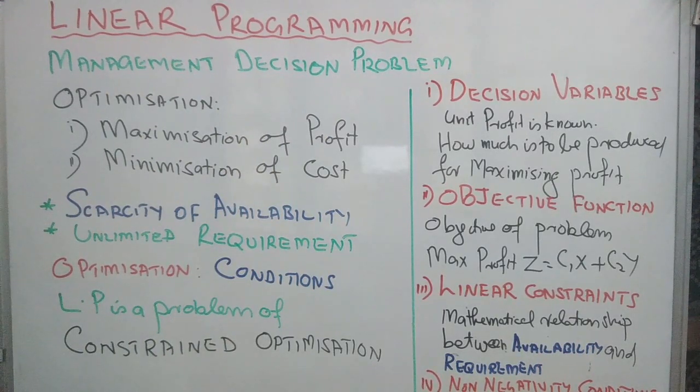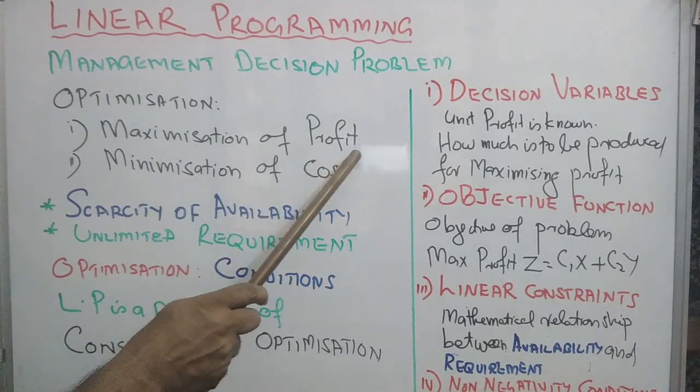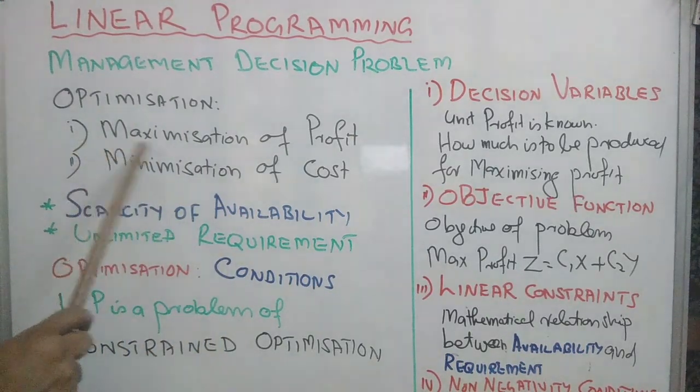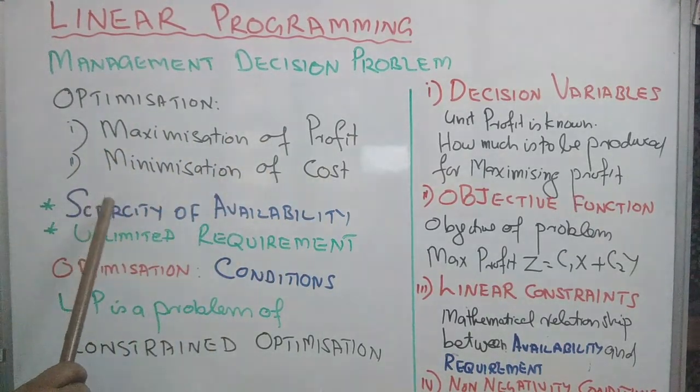Then what is the purpose of linear programming? It is a problem of optimization, to derive the best, to attain the best. In management studies, we have two components, profit and cost. Therefore, linear programming is used to derive maximization of profit or minimization of cost.